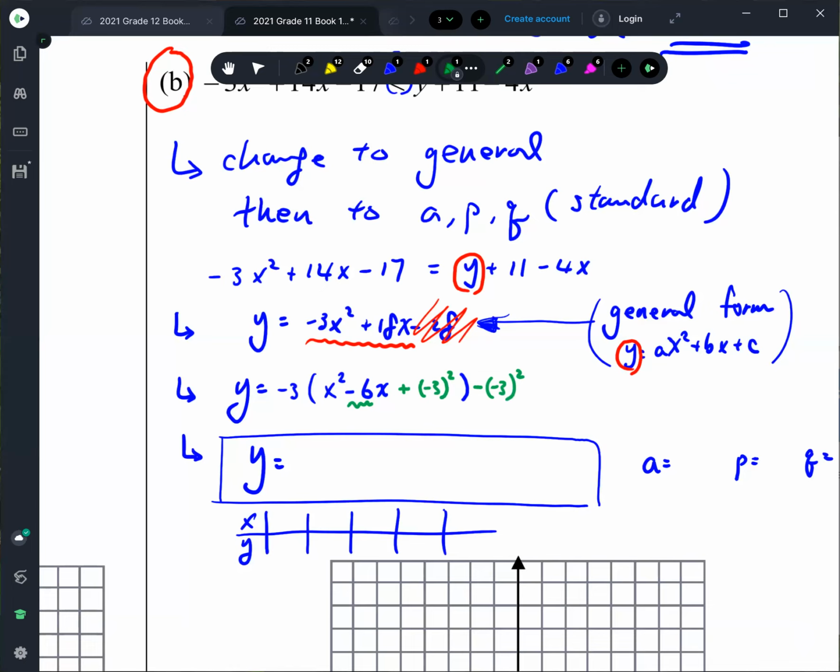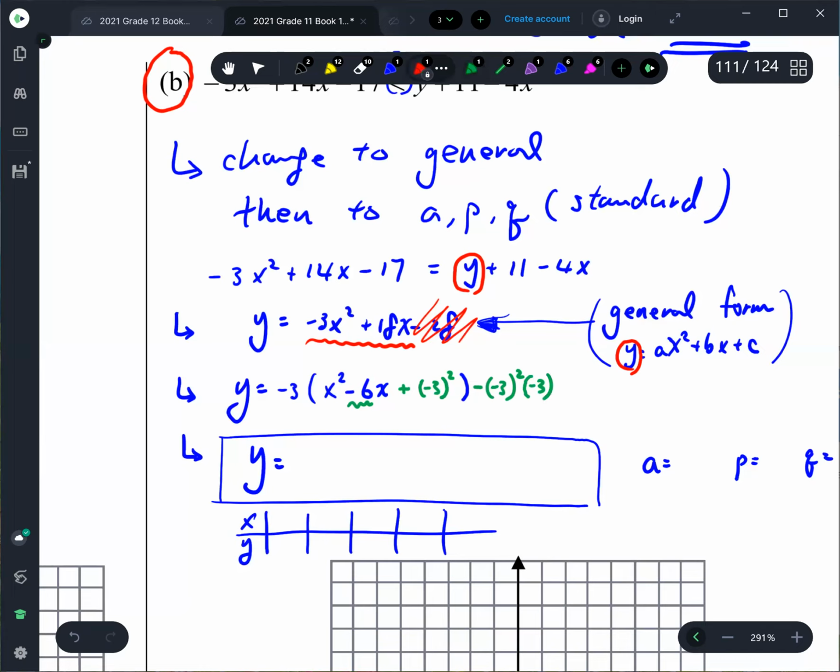Is it then -28? Because you have to add it back in. Not there yet. We are missing one more step. Remember you took out a -3 at the beginning? So you have to times it by the A that you took out, times the -3. And then after that it is minus 28. Okay, this -3 that you multiply is because of the front.